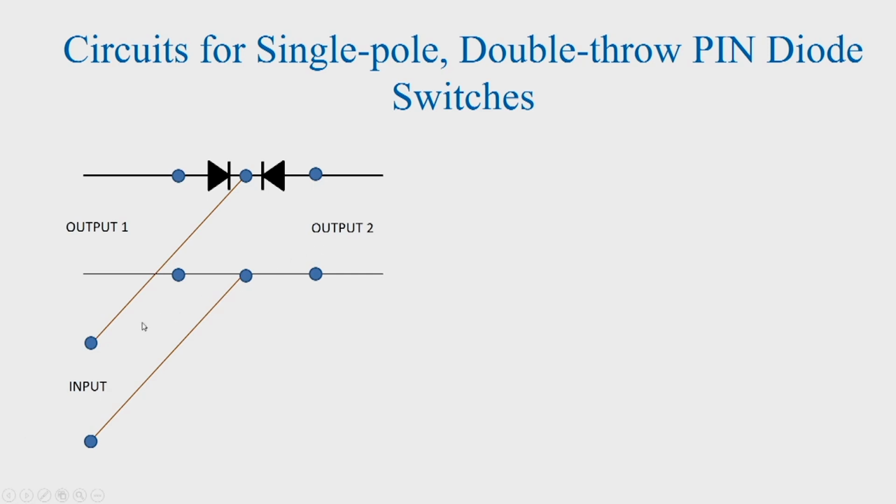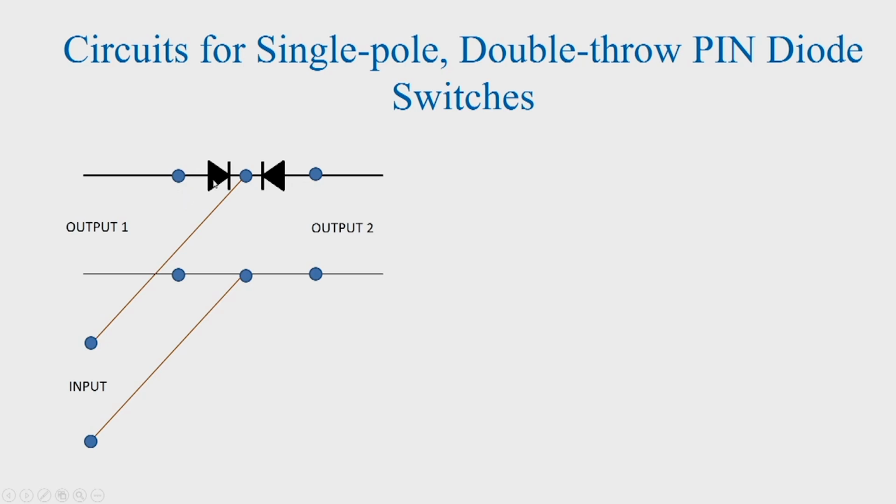This input signal may be connected to either output port 1 or output port 2 by making the corresponding diode on and the other diode off. We have not shown any biasing circuitry here.